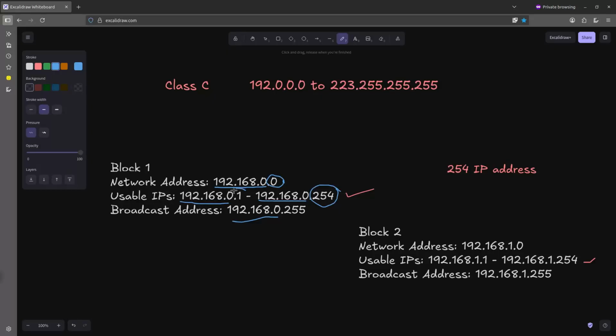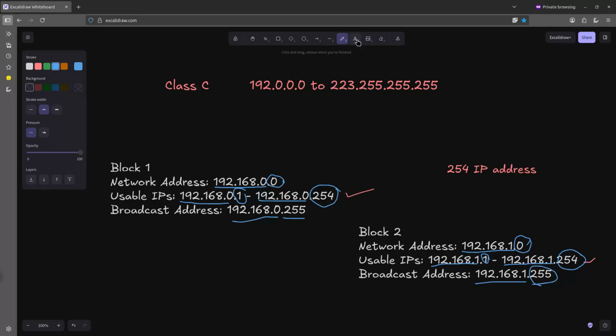Here it's 0, here it's 1, here it was 254, here it is 255. Similarly, in block 2, it's 192.168.1, 192.168.1, 192.168.1. They stay locked in. They do not change in every block. What changes is the host part, okay?